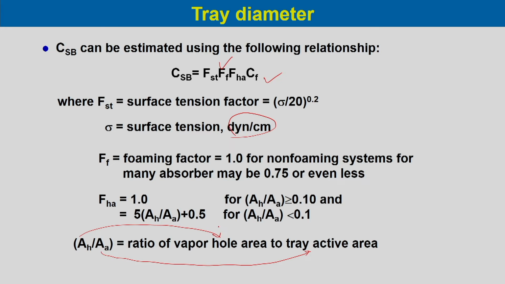This ratio is related to F_HA, another factor, hole to tray area, which is used here to calculate C_SB.